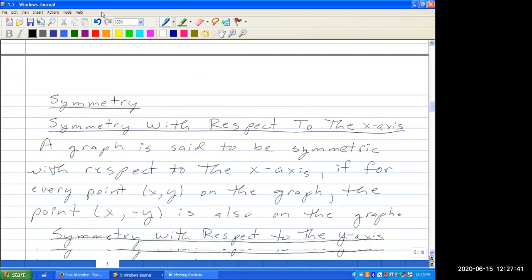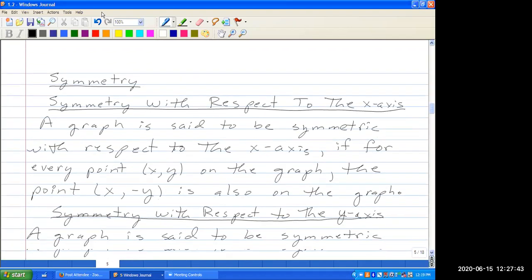Let me talk about symmetry. Okay, so first, symmetry with respect to the x-axis. A graph is said to be symmetric with respect to the x-axis if for every point (x, y) on the graph, the point (x, -y) is also on the graph.